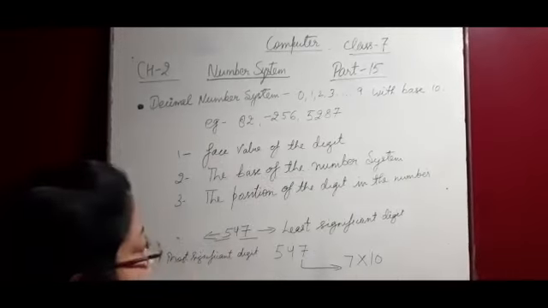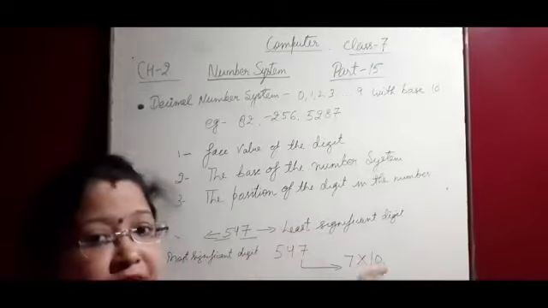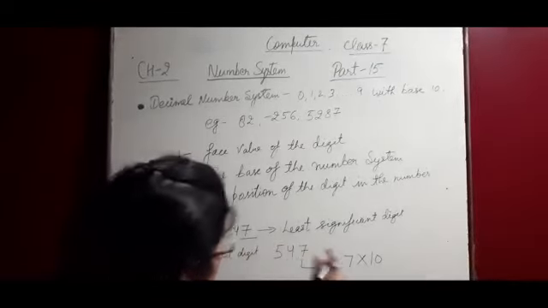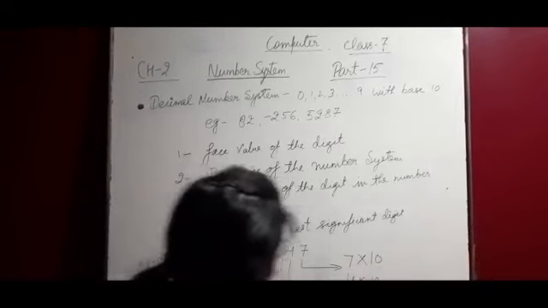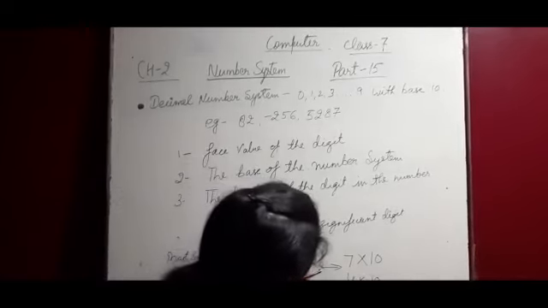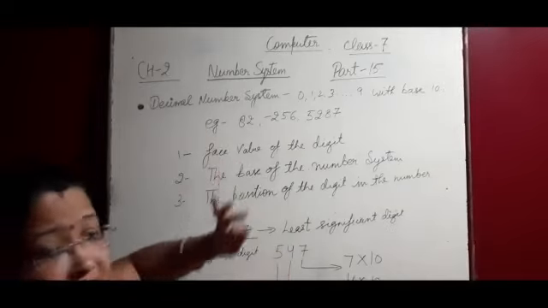We have to multiply every digit with the base number. First we start with the least significant digit, 7, so 7 into 10. Then we take 4 as 4 into 10, then 5 as 5 into 10. This is the way to solve a number in the decimal number system.